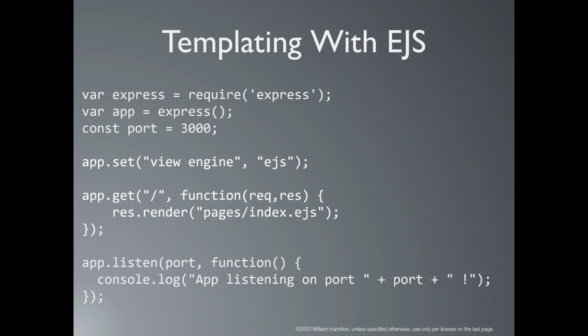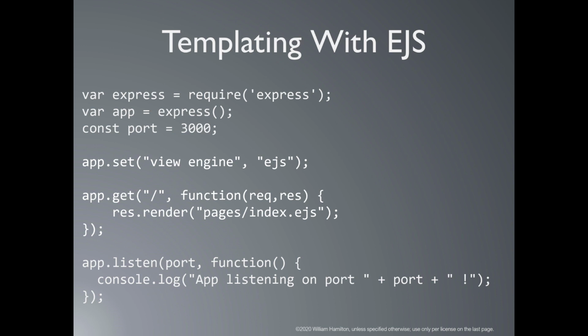Whenever I make a request, I just say response.render, and then I give it the title of the template that I'm interested in. That will execute the JavaScript inside of my EJS templates, generate a big HTML file after doing all that, and then send that to the client.